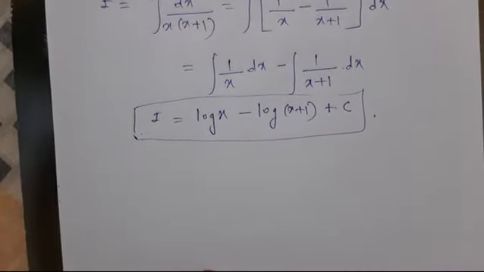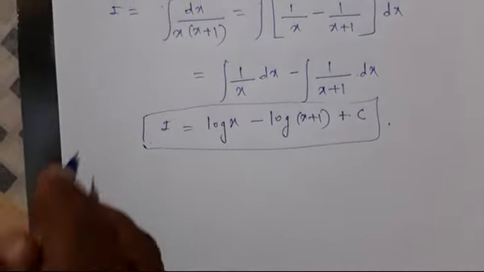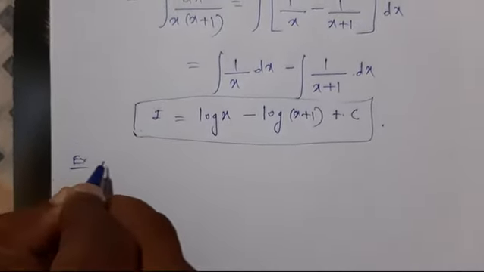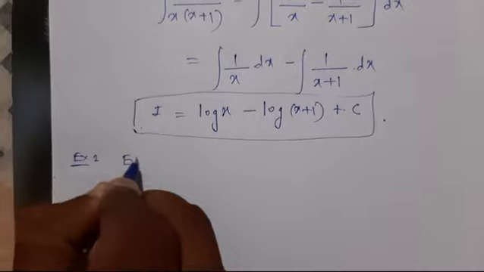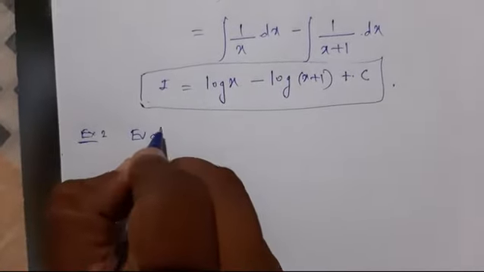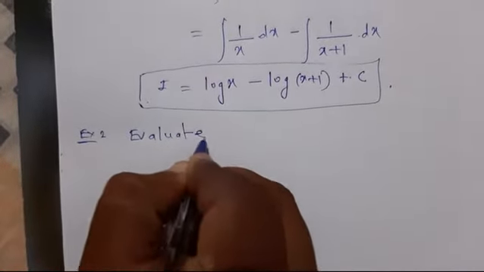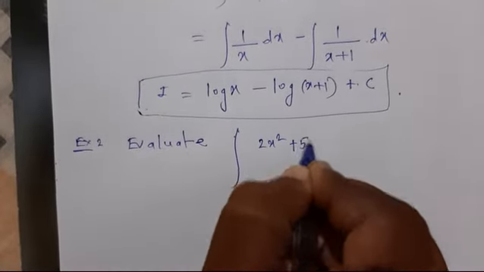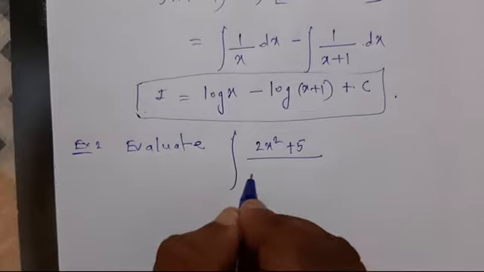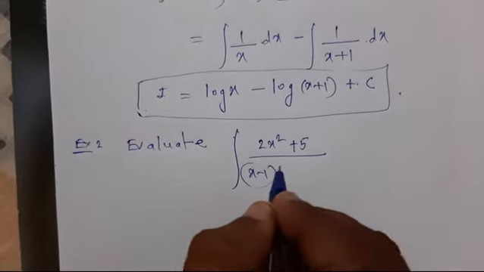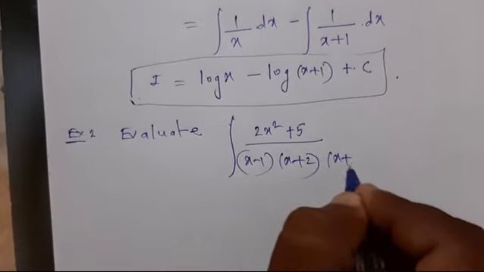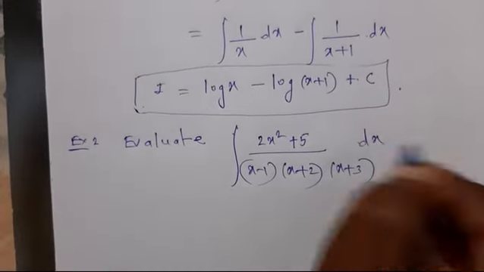Now I will take one more example. Example number 2. Evaluate integration of 2x square plus 5 upon x minus 1 into x plus 2 into x plus 3 into dx.